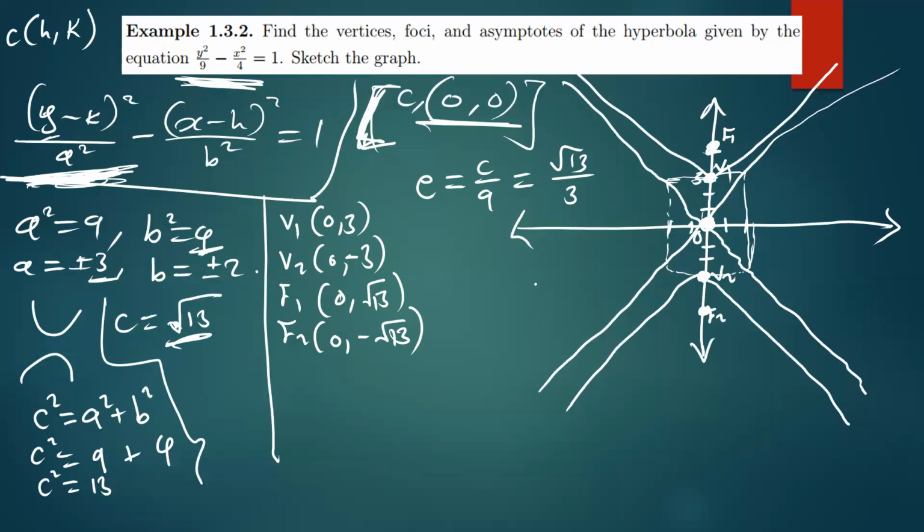Now how do you get the equations of the asymptotes? This one is along the y. If you don't want to go through the process of deriving, where you equate the given equation, y squared over 9 minus x squared over 4, to 0, and then take the x term to the other side so that you remain with y squared equal to 9 over 4 x squared, then when you square root both sides you get y equal to plus or minus 3 over 2 x.